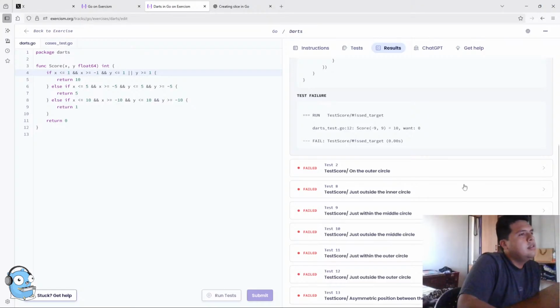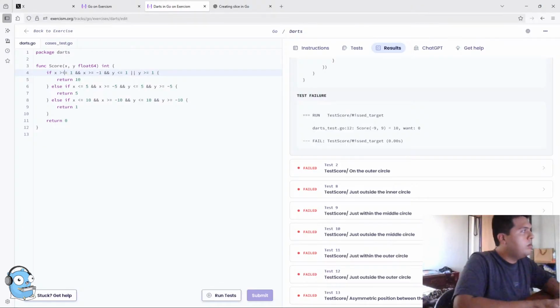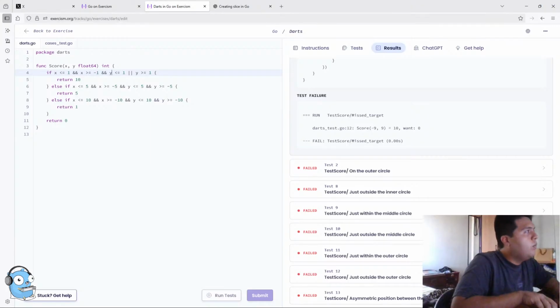Okay. That is, x is more or equal to -1, less or equal to 1, and y is less or equal to 1, and y is more or equal to minus 1.